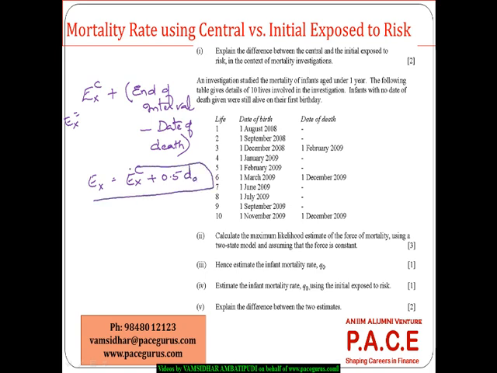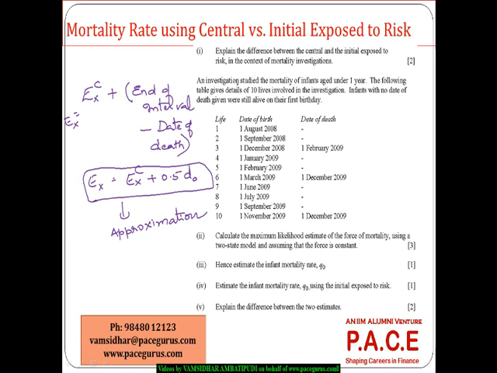This is an approximation relationship, not exact, between the initial exposed to risk and the central exposed to risk, right? So that's a clear cut differentiation we bring in terms of calculations.